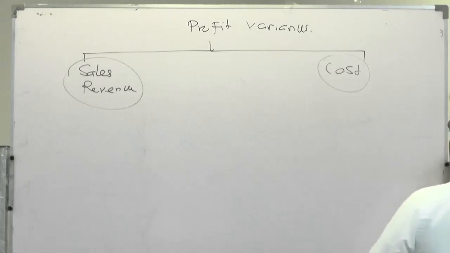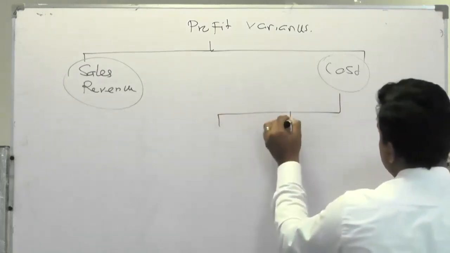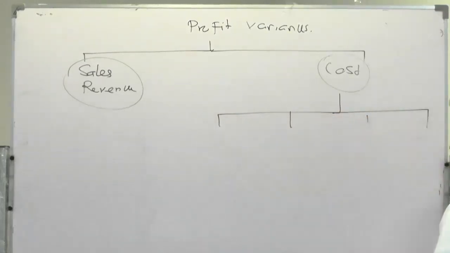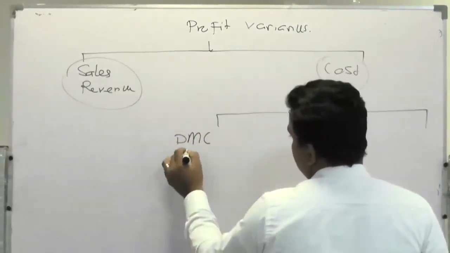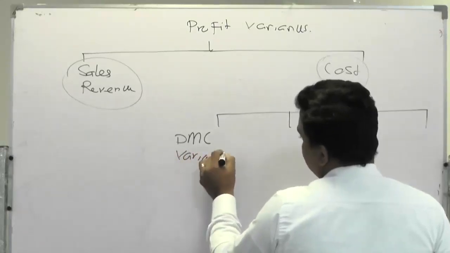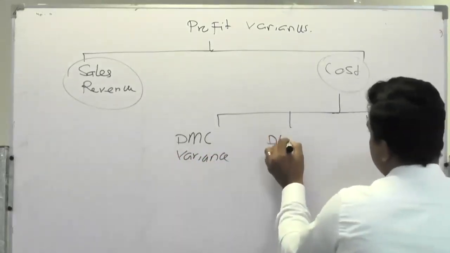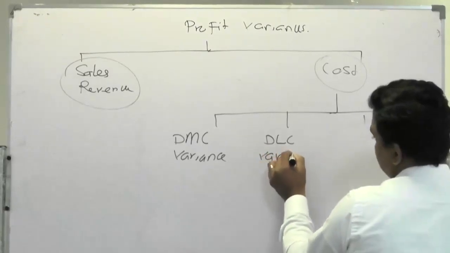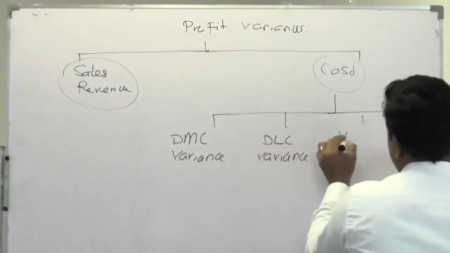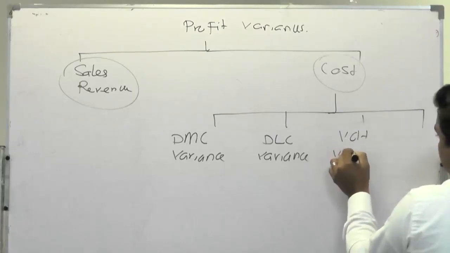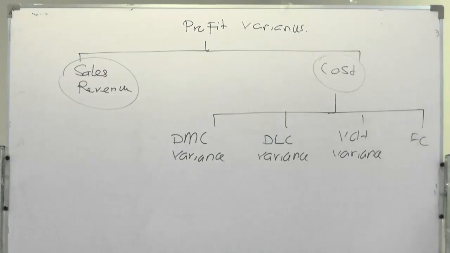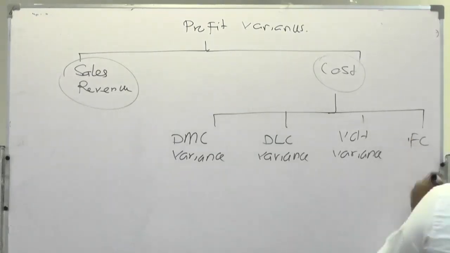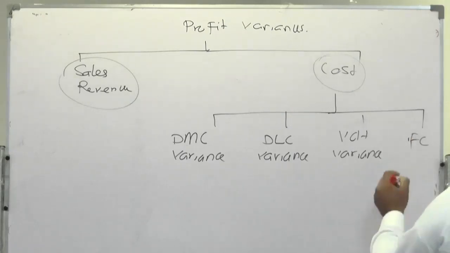When it comes to cost, cost consists of four categories mainly, that is direct material cost. Therefore, there may be a variance in direct material cost, then direct labor cost variance, variable overhead variance and fixed cost variance. However, this fixed cost needs to be considered separately.